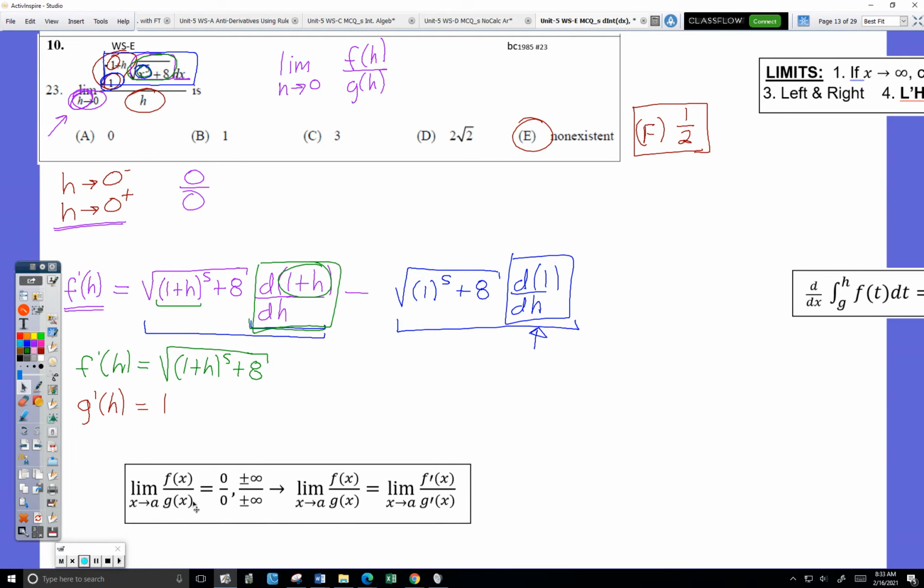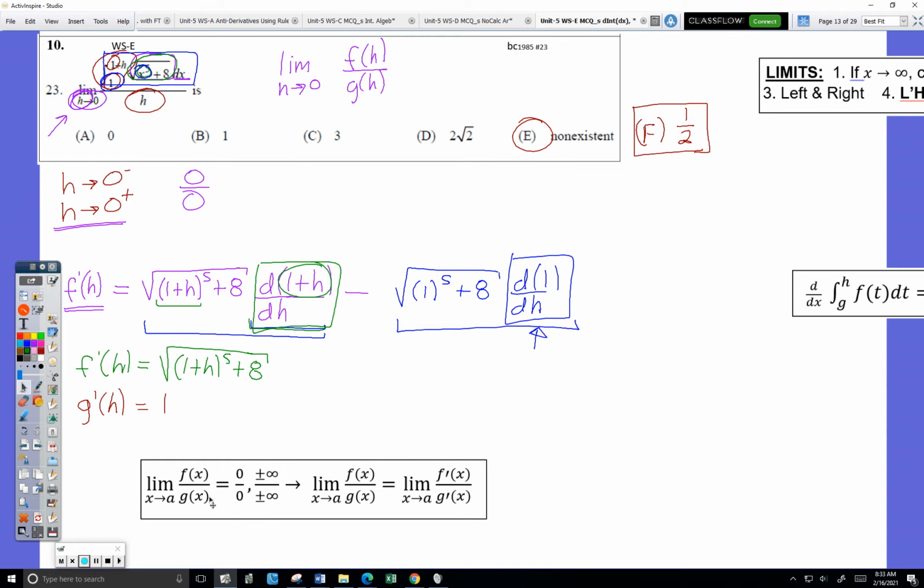So, just summarizing the whole situation. The goal was to find this limit right here, the limit of an f divided by a g. When we tried to do that, the result we obtained was indeterminate. We don't know. So L'Hopital says, scrap that idea. Let's go find the limit of the derivative of f and the derivative of g. So that's what I'm going to do now.